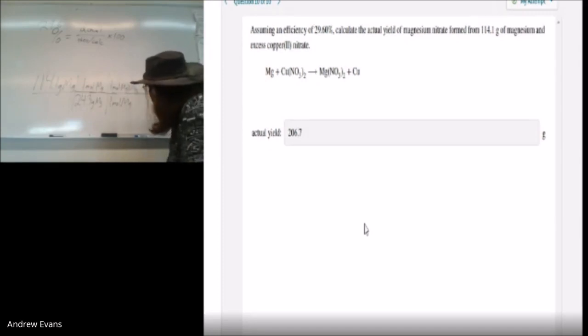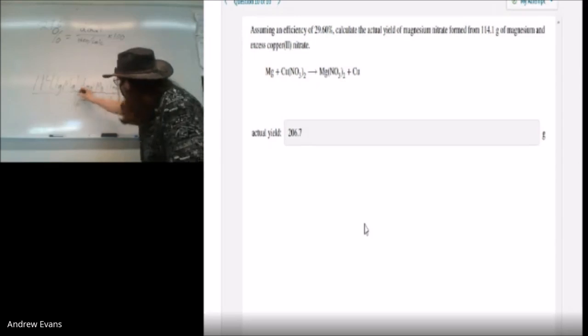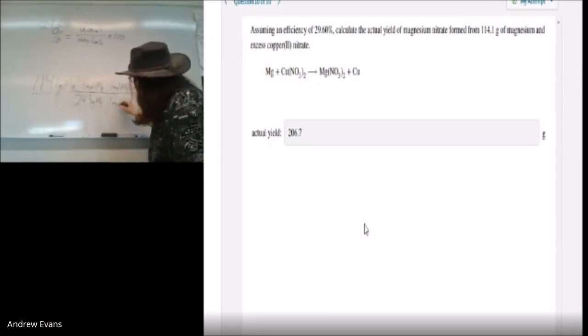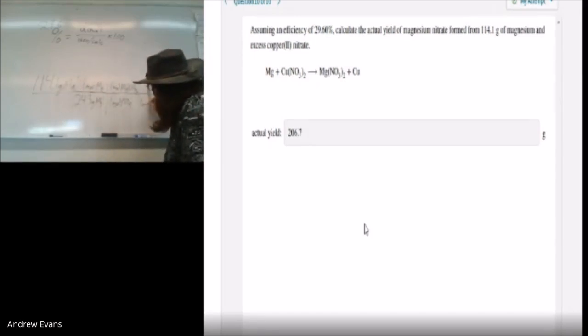So 1-to-1 ratio, that makes this easy. Grams cancel grams, moles cancel moles. So what is the molar mass of magnesium nitrate?